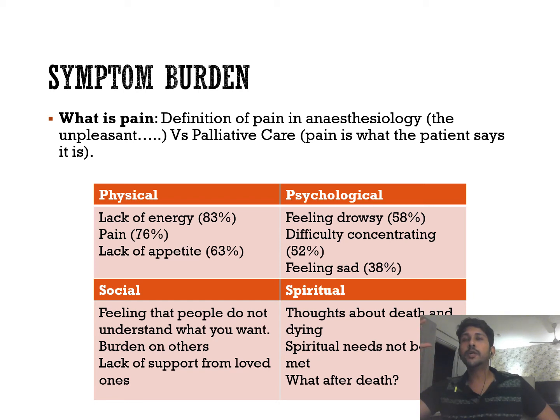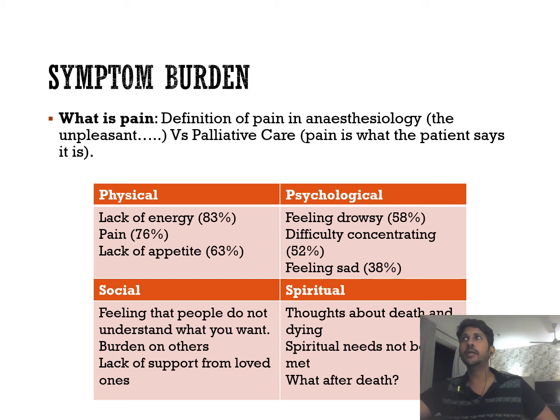And then we look at what a symptom burden is. We know that these patients have different symptoms. Some of them may be physical symptoms, psychological symptoms, social symptoms, and even spiritual symptoms. So these are not just symptoms, but forms of suffering.